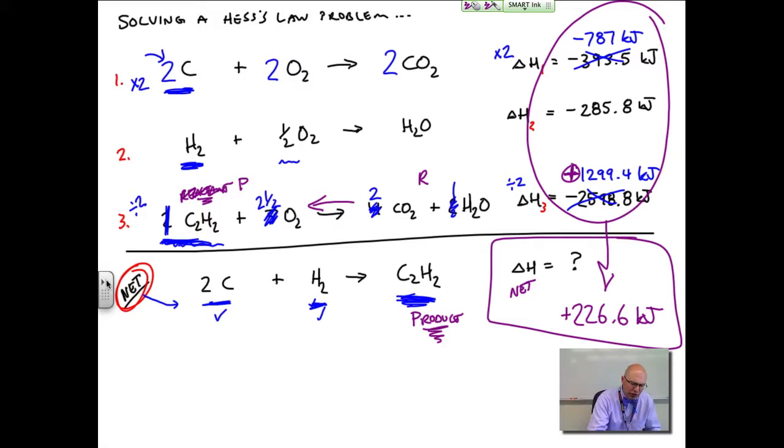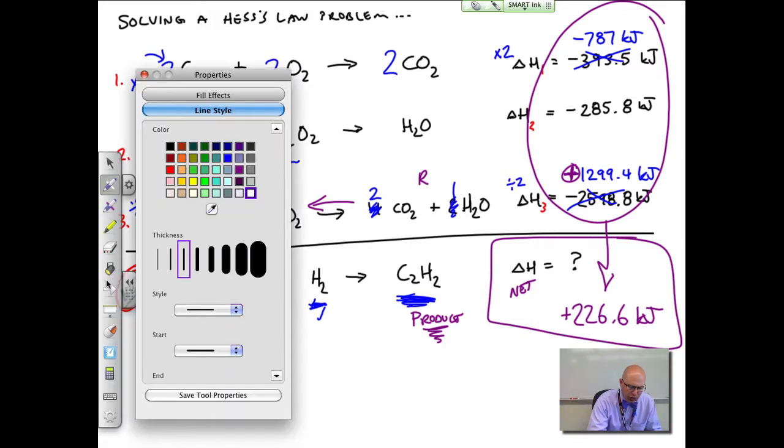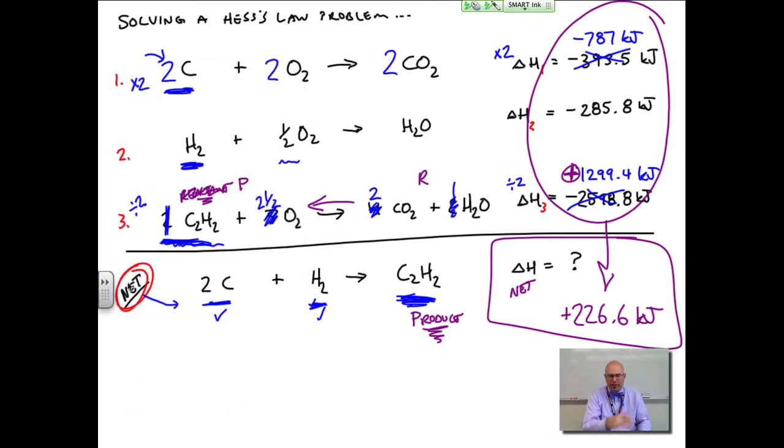What I also like to do real quick is show you how these 3 equations become the net. Notice that the 2C stays 2C. Notice I have a 2O2 and another O2, so I have 2.5 on the reactant side. And when I flip this, I have 2.5 on the product, so those cancel out.